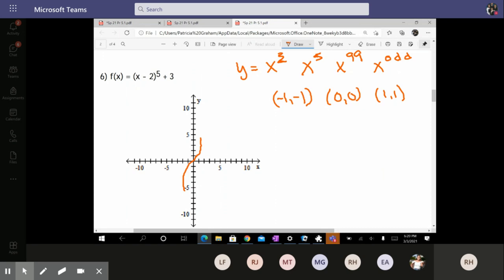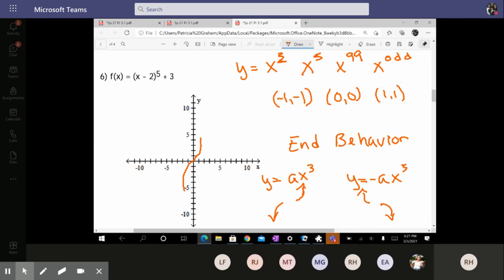My end behavior for y equals a positive a x to the third: down on the left side, up on the right side. If I have y equals a negative a x to the third, it just gets flipped over, right?